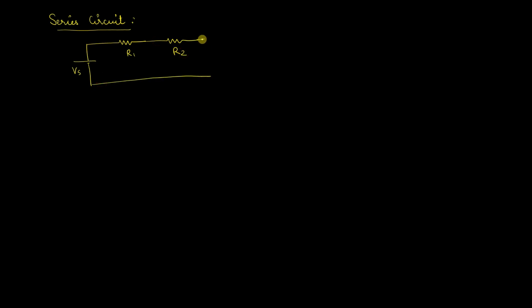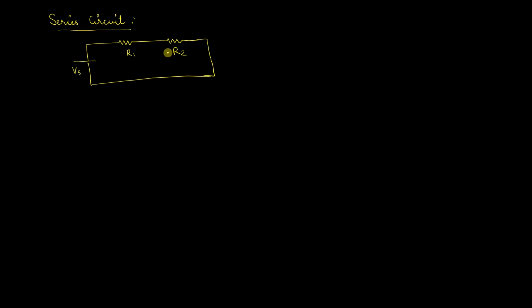Now next, let us look at the series and parallel circuit. So first we will look at the series circuit. In a series circuit, we always consider the current that is flowing to be the same, because you have only one single closed path, right?